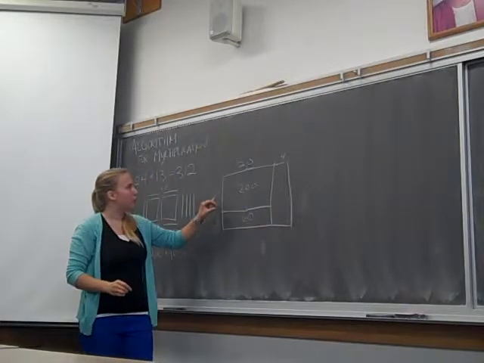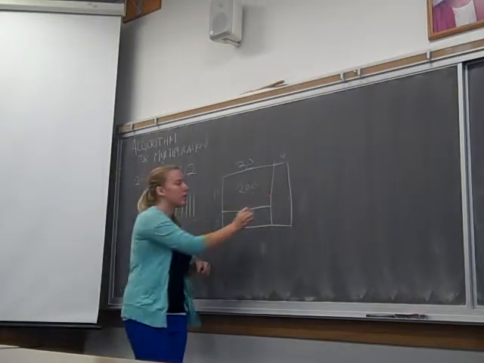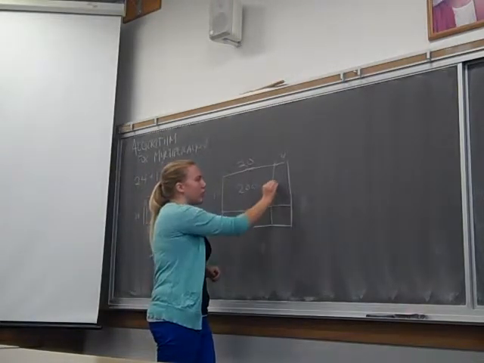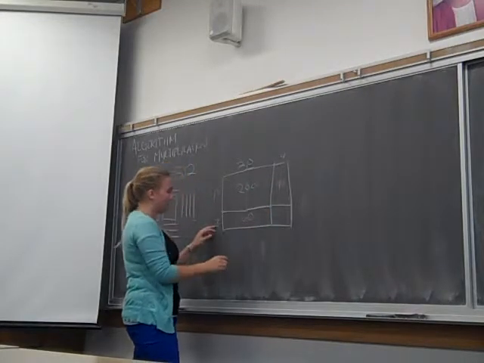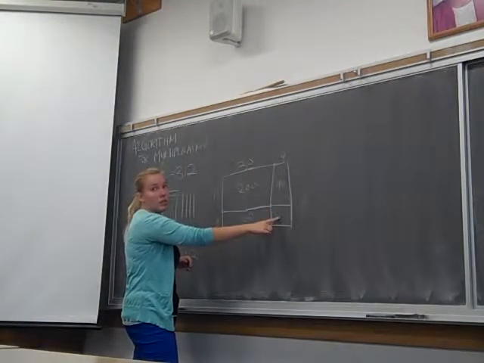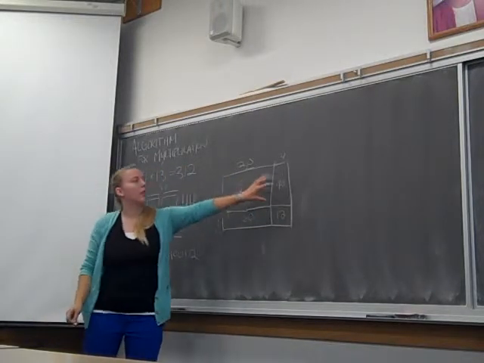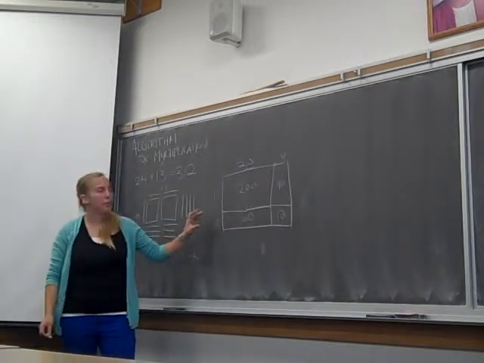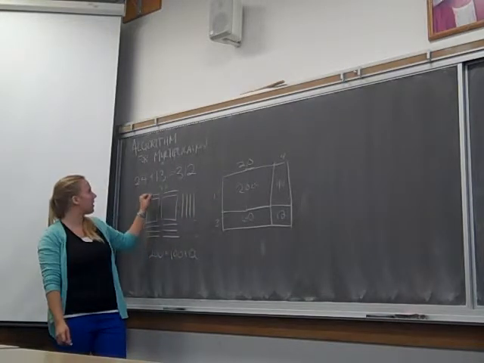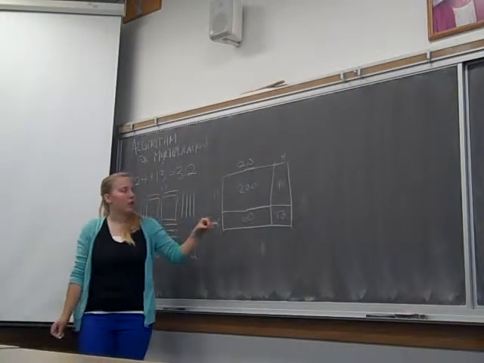Good. How about 10 times 4? 40. Good. And what about 3 times 4 for this rectangle? 12. Okay, so we found the areas of smaller, maybe easier rectangles inside this 13 times 24.